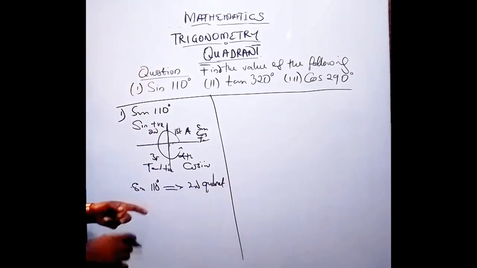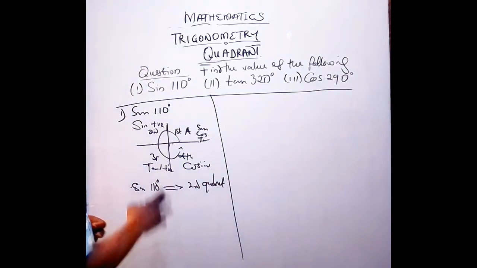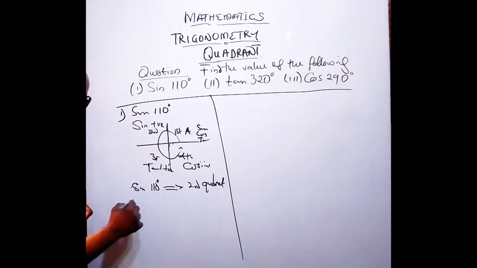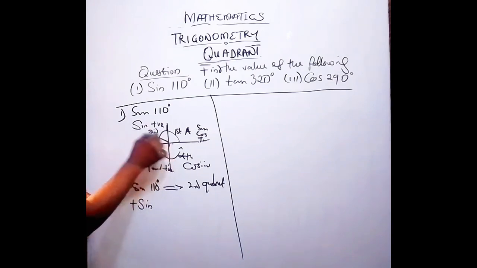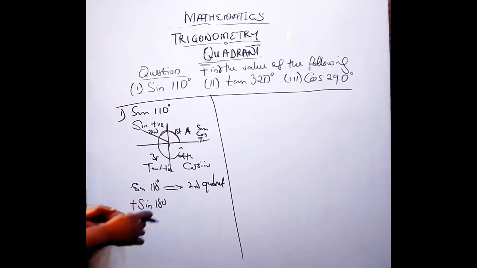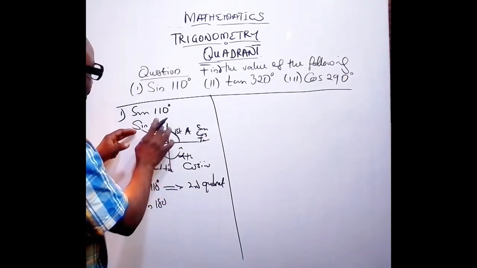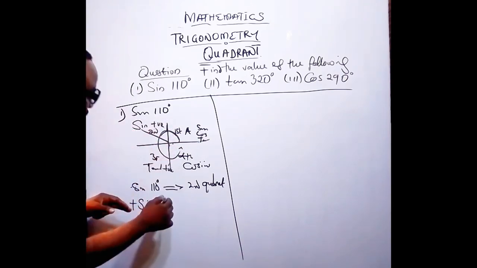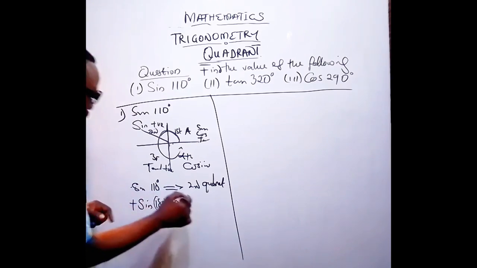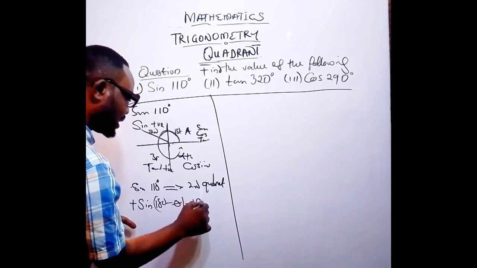After we have known that it falls at the second quadrant, we can now say, what is the value of sine there? Positive sine. All the values that we will be calculating for the second quadrant will be 180 minus theta, which is equal to plus sine.